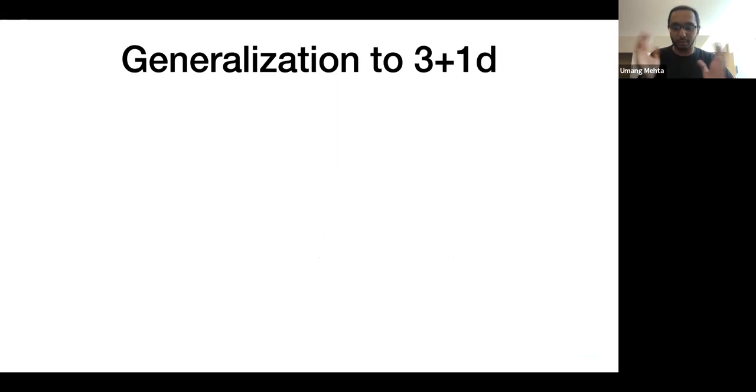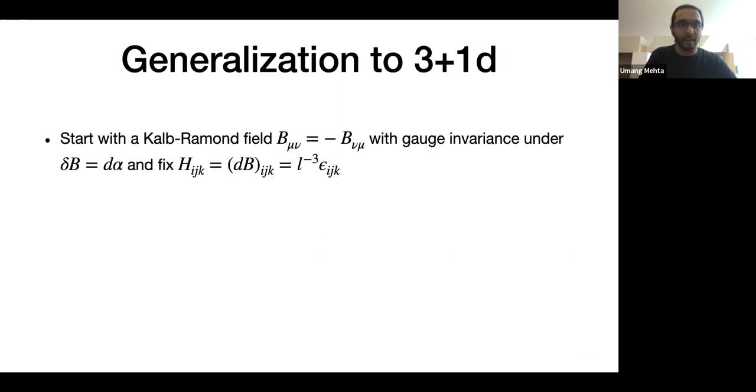Okay, so this 2D perspective can be easily generalized to 3 dimensions. In particular, instead of a U1 gauge field, we start with a Kalb-Ramond field, which is an antisymmetric rank 2 tensor. Its gauge invariance is under a similar transformation where the gauge parameter now is vector valued, and we fix the spatial curvature of this field, which is just the antisymmetrized derivative, to be proportional to some L to the -3 times the epsilon tensor.